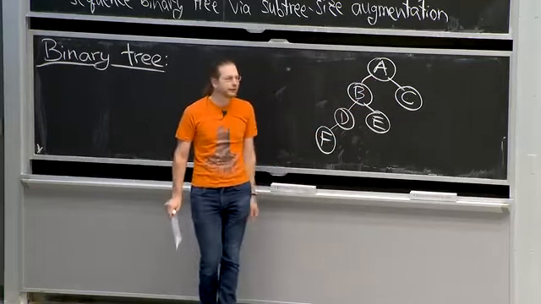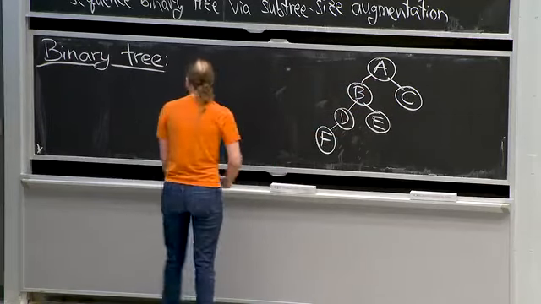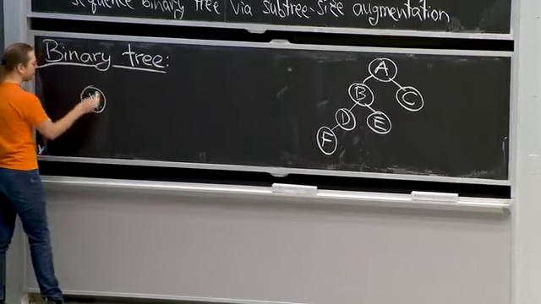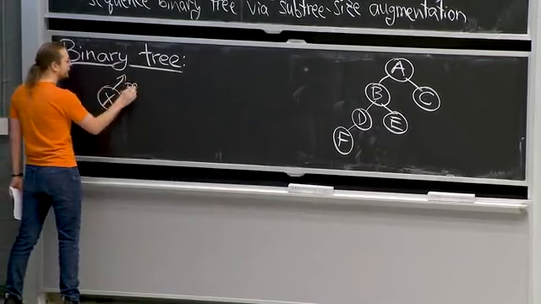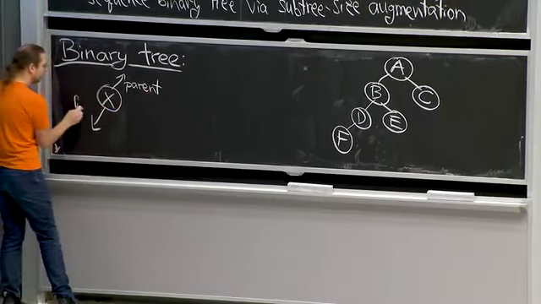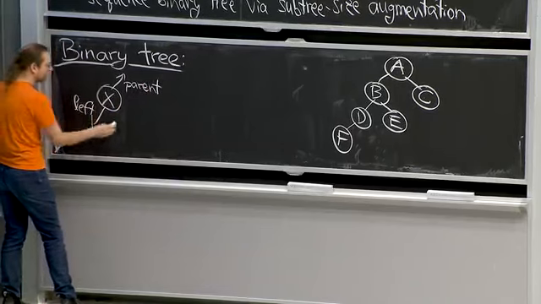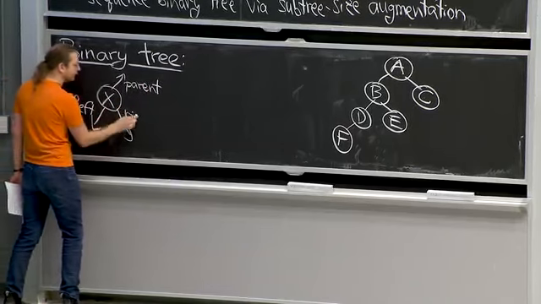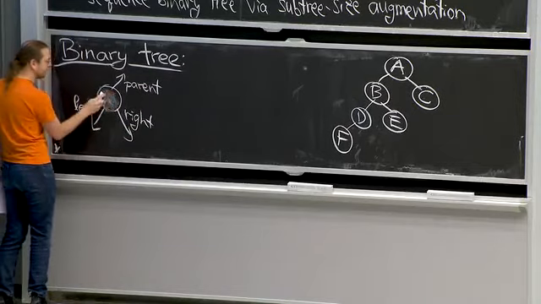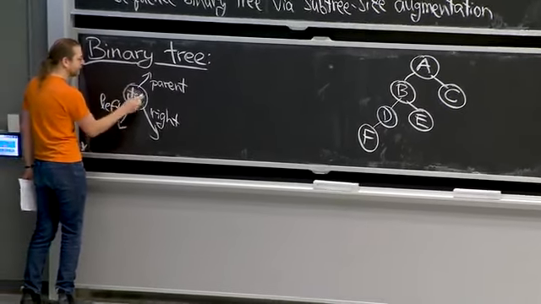This is like linked lists. But in general, a node X is going to have a parent pointer, a left child, left pointer, and a right child, right pointer. And it also has an item inside of it.